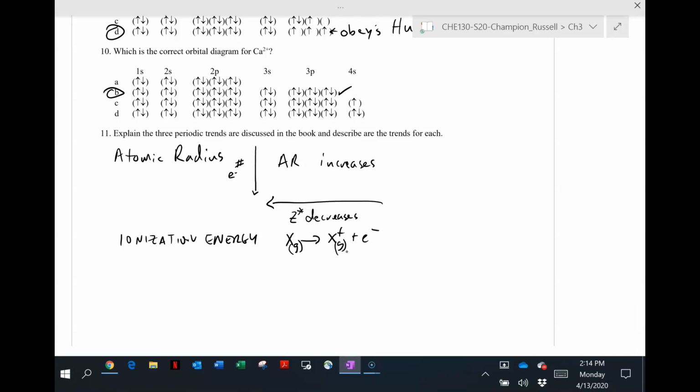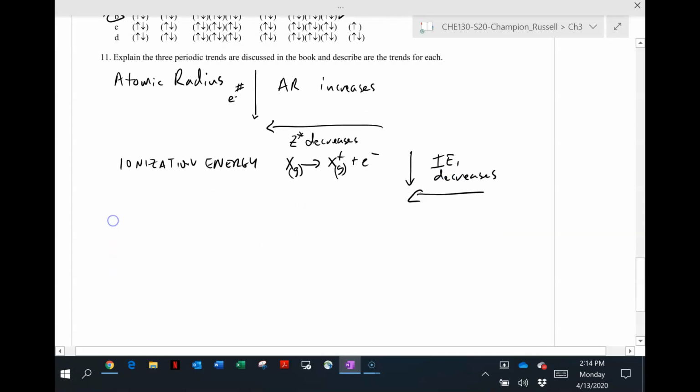The further that outermost electron is, the easier it is to get rid of that electron, take away that electron. So if we draw it that way, we say that ionization energy decreases. And again, these are general trends, not necessarily. There's sometimes some bumps in those lines if we looked at those graphs, but that's a general trend. Then you have electron affinity.